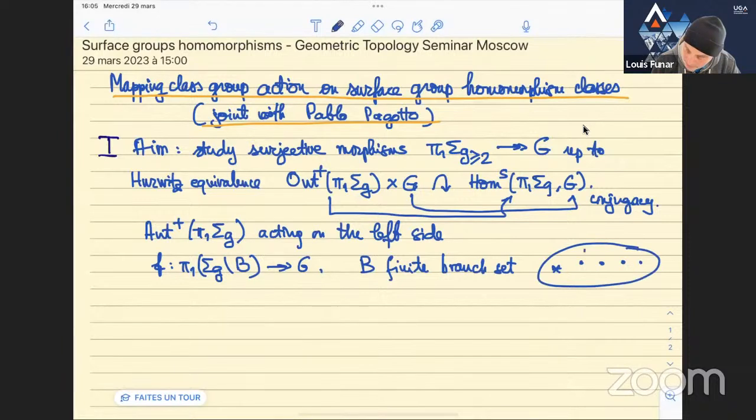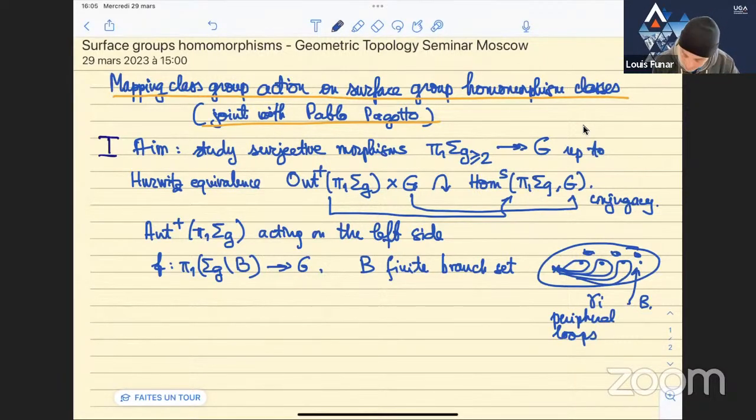I'm taking the surface, and these are the points from B, and I'm taking loops which I'm fixing, and I'm calling them peripheral loops, going once around every point of B from the branch locus.